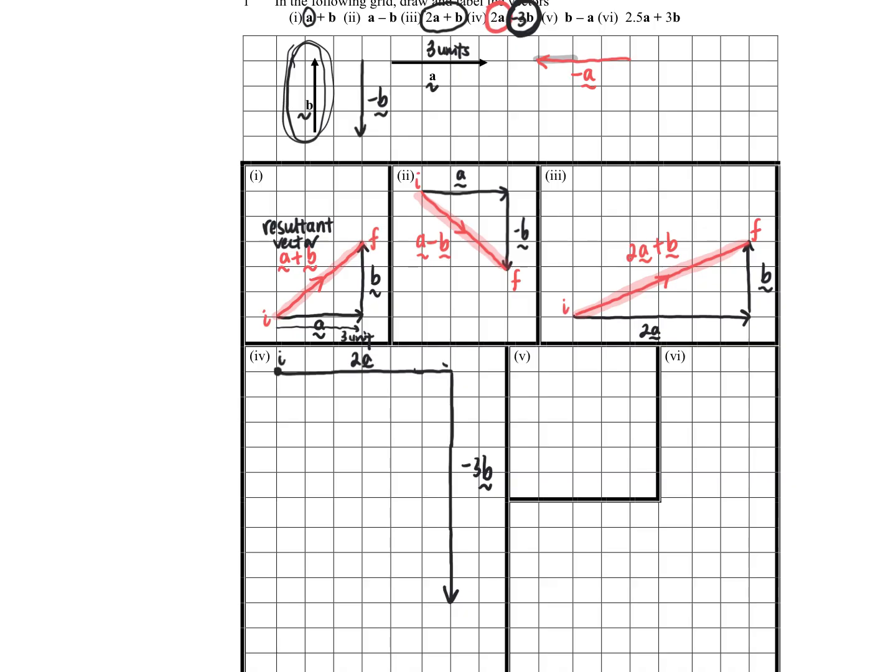How it moves is good to have, so that you know where you are ending at. I means initial. This one is your final end point. So you know that moving 2A minus 3B will end you at that point there. So this is the final point.